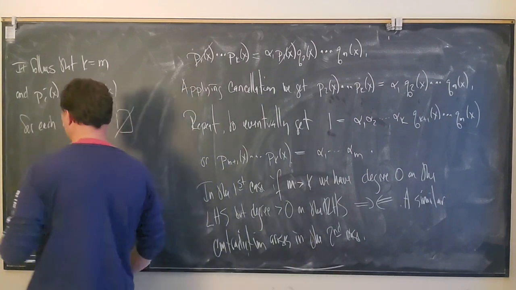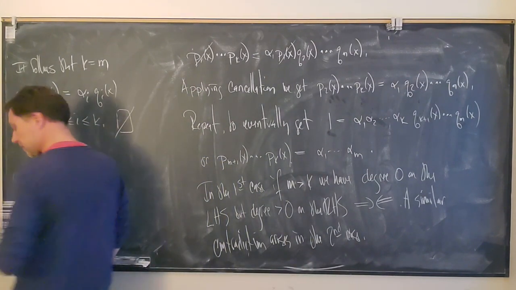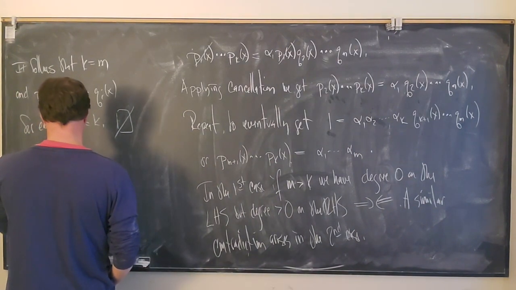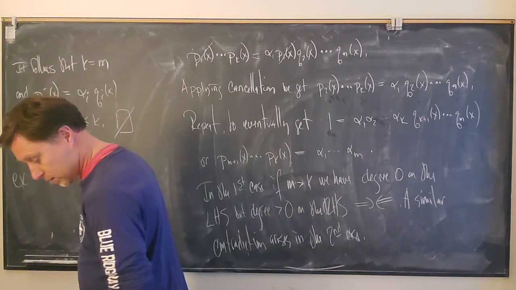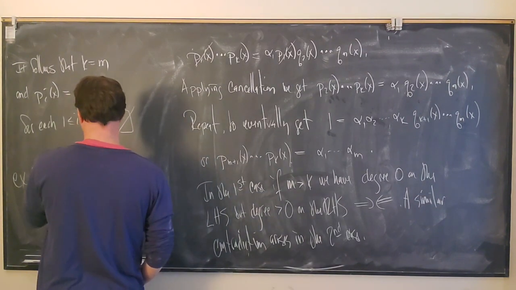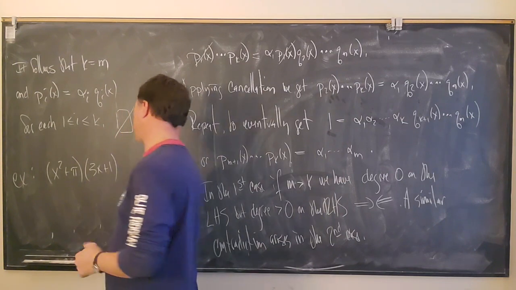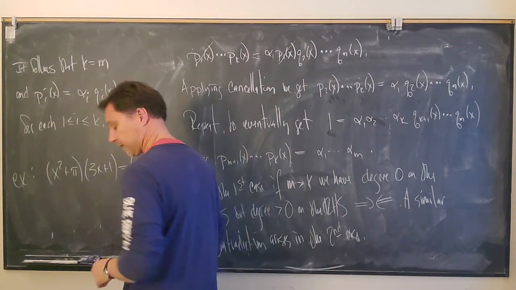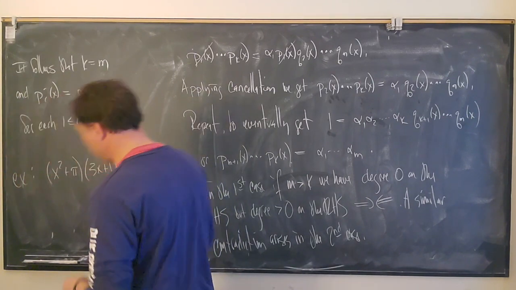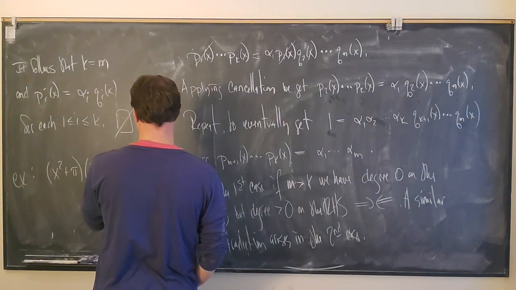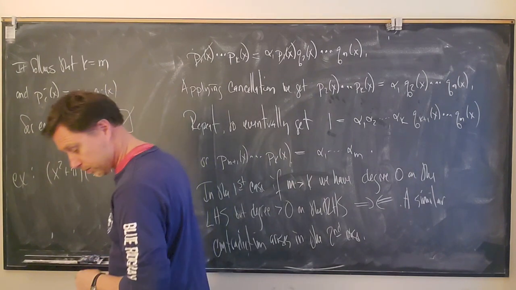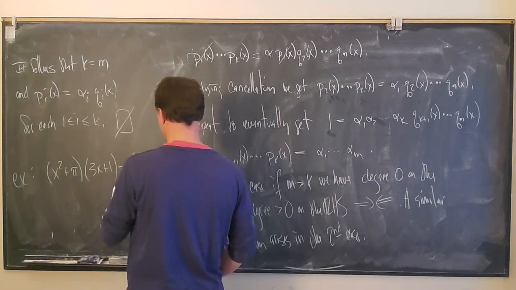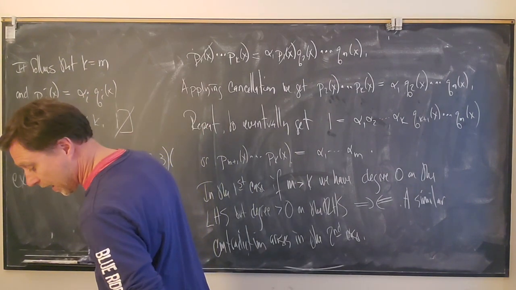So here's an example. All right, let's finish off with an example. Here's my polynomial x squared plus pi times 3x plus 1. Here's a factorization. Here we're working in R bracket x. And this is equal to 3 over pi times x squared plus 1, times pi x plus pi over 3.